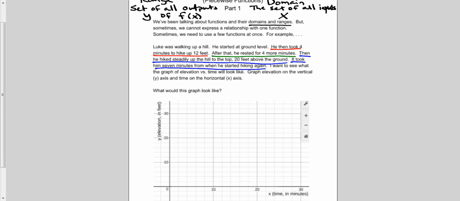Okay? So I got my graph here. Now, remember, Luke started this hike at 0 feet. And when it says starting, that's just a fancy way of saying that time equaled 0 minutes. Now, he took 4 minutes to hike 12 feet. So what that means is, when time equals 4, well, look at the x-axis here.